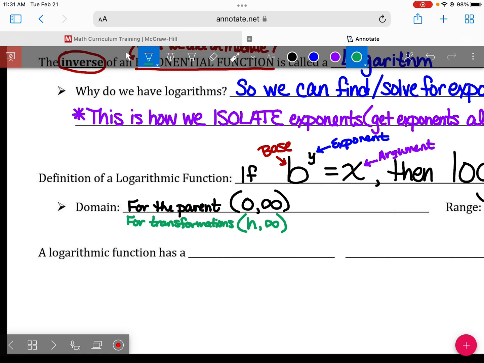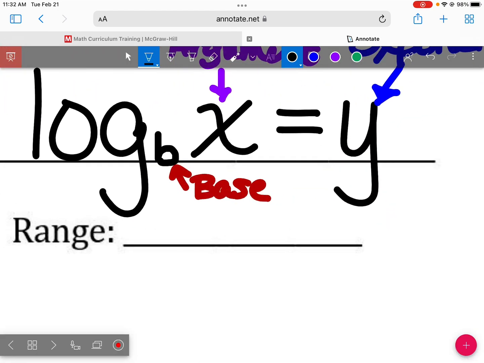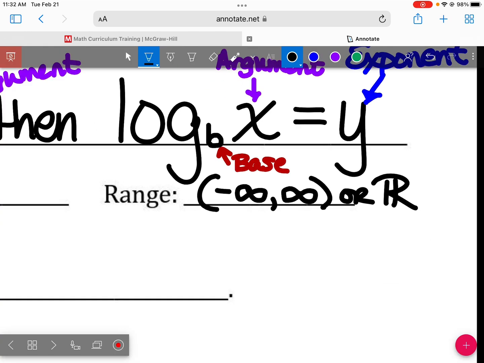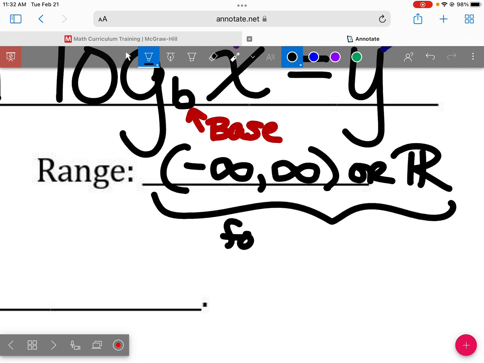Transformations are h to infinity. Do you guys remember what the domain was for my exponential functions? All real numbers, and that was for all the exponential functions. It was all real numbers. Well, when I switch the x and the y, that switches my domain and my range. So for logarithmic functions, the range is going to be all real numbers. This is for all logs.